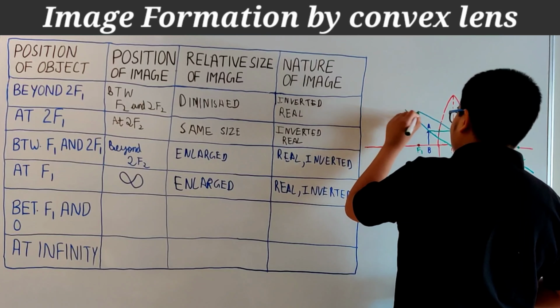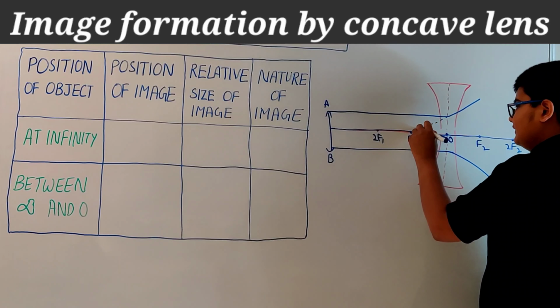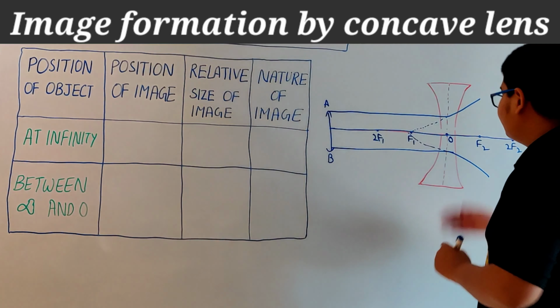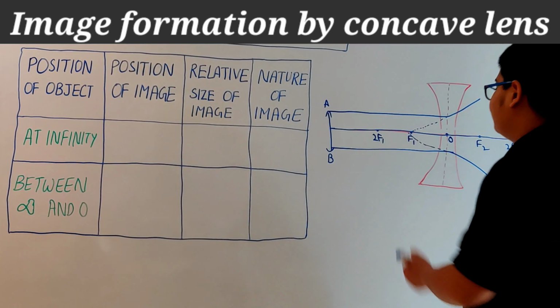Now here you can see that if we extend them backwards, then all of them are meeting at the focus F1. So the point F1 is the meeting point for all of the refracted rays if we extend them backwards. So they are appearing to meet at the focus F1. So position of image will be at the focus F1.